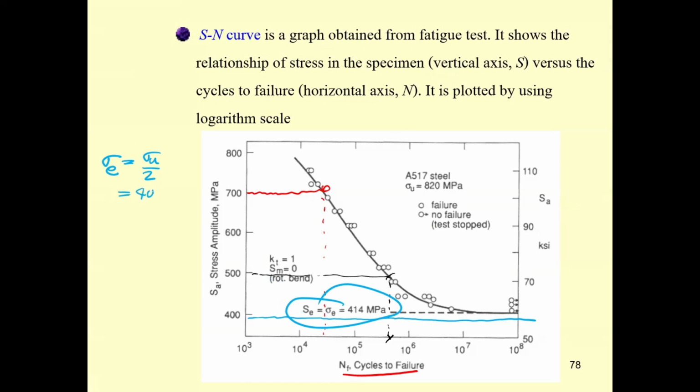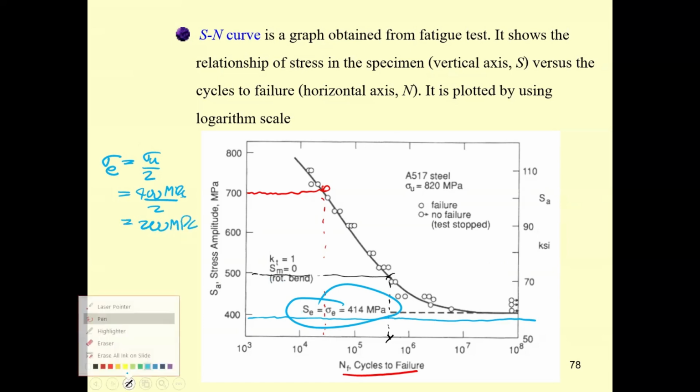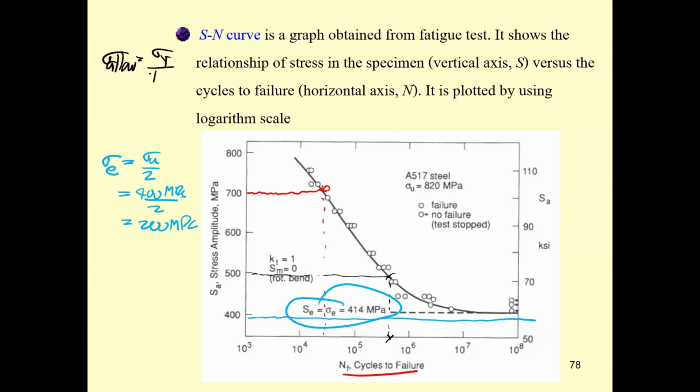So for our structural steel, this is going to be 200 megapascal. Then if you compare it with the sigma allowable, which is the yielding divided by factor of safety, that's going to be 125 megapascal. So most of the time, our civil engineering steel structure won't fail in fatigue.